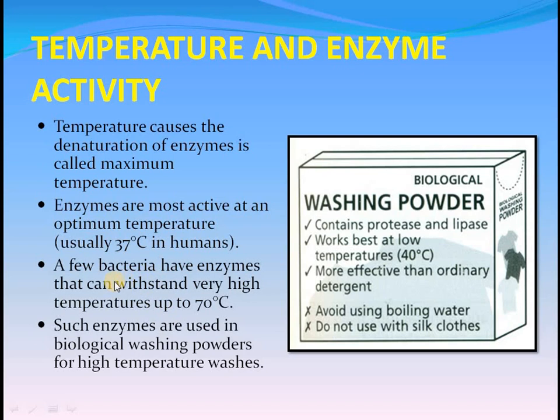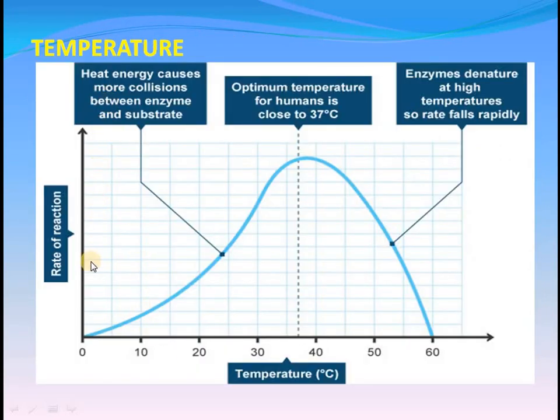Here we are talking about certain enzymes which work at high temperature. So we are mentioning here that these are used in high temperature washes, more effective than ordinary detergent. Now here is a graph which shows the activity of enzyme at certain temperatures.